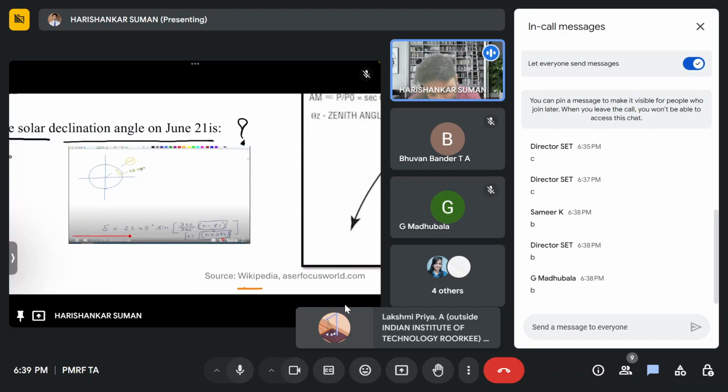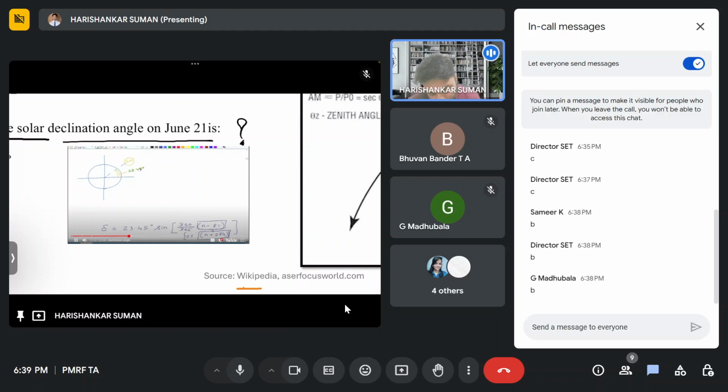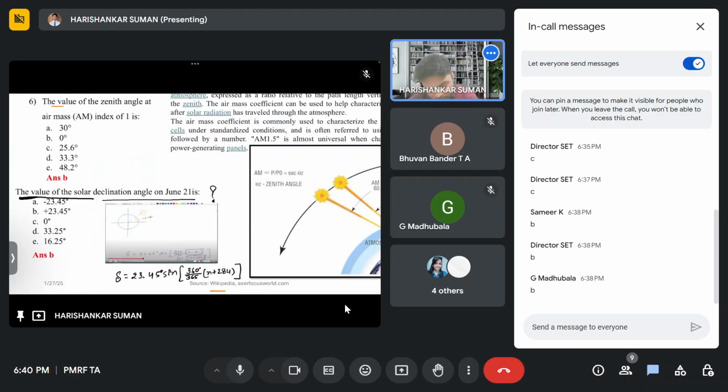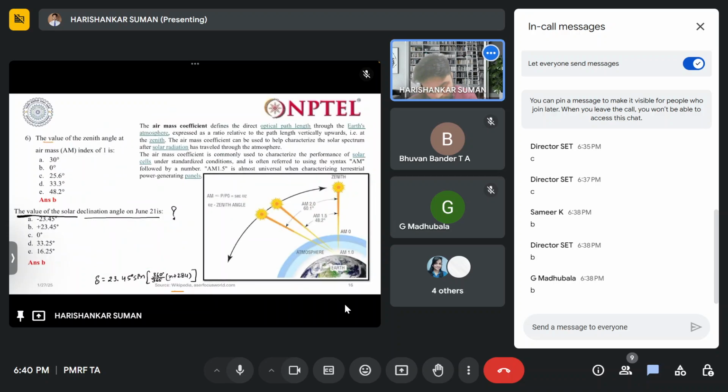Please write this formula for the declination angle: 23.45 degree times sine of 360 divided by 365, times (284 plus n). Please use this formula.